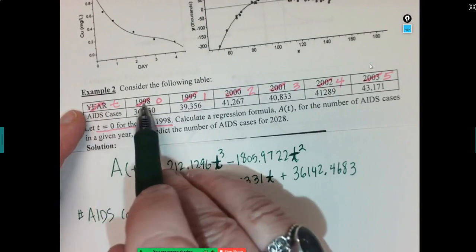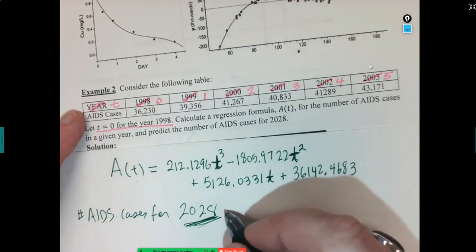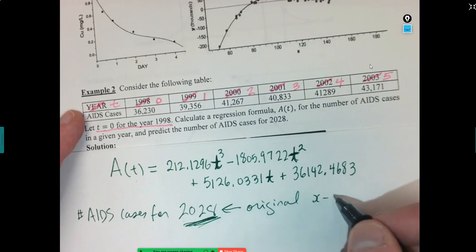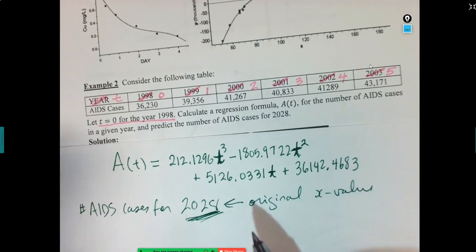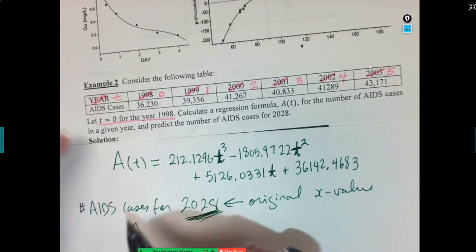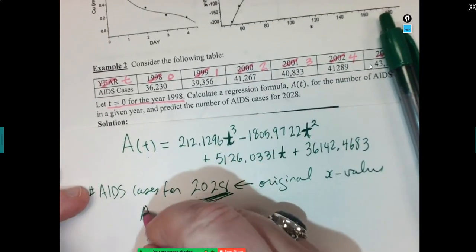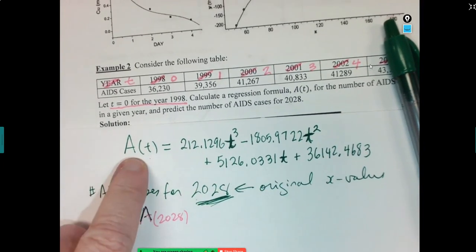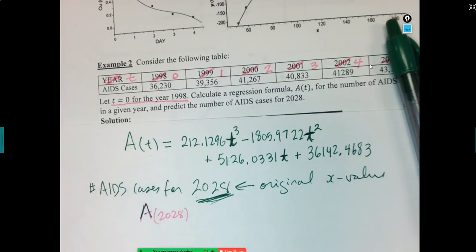Our original X values in the chart were the actual years. And if I try to calculate my answer by doing that, that's not correct because I have to change that X value into a T value.